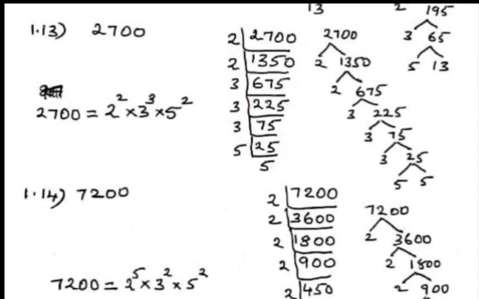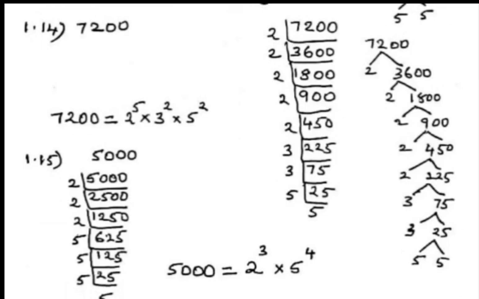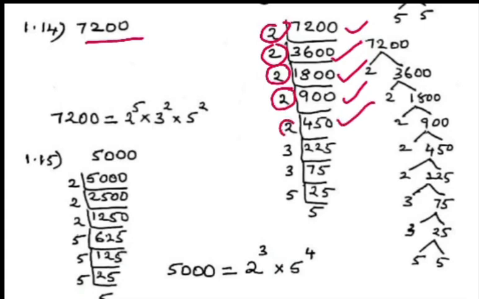Now we consider another problem. 7,200. So we find prime factors for 7,200. 7,200 divided by 2, we get 3,600. 3,600 is divided by 2, we get 1,800. 1,800 is divided by 2, we get 900. 900 is divided by 2, we get 450. 450 is divided by 2, we get 225. 225 is divided by 3, we get 75. 75 is divided by 3, we get 25. 25 is divided by 5, we get 5.